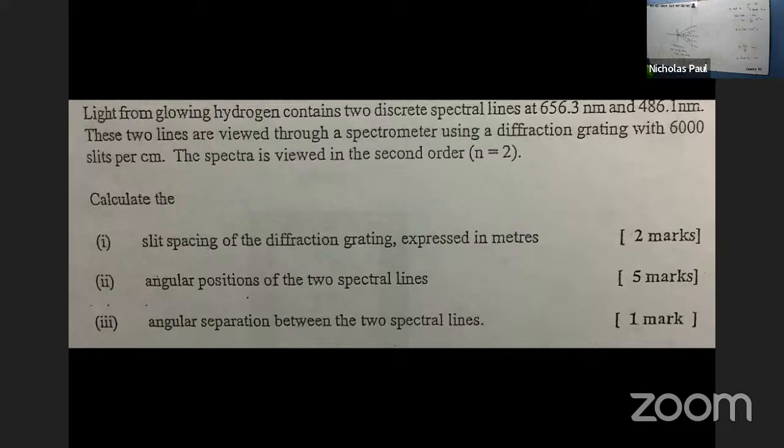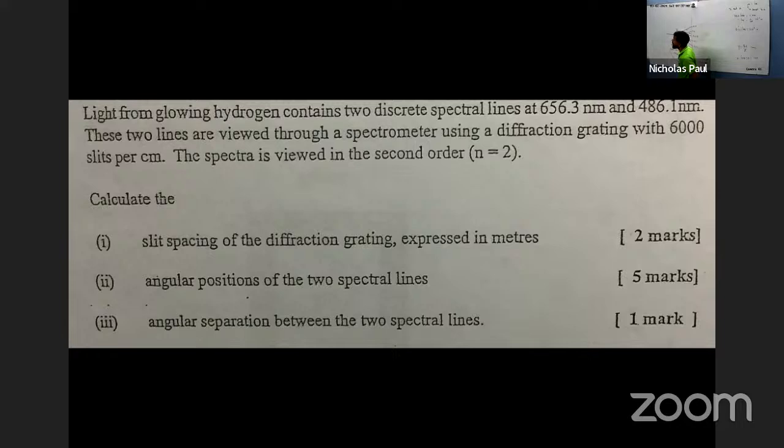Right, so this one they give you with wavelengths. They give you the order and they want you to find the slit spacing. What symbol do you want? A, theta, and all that.